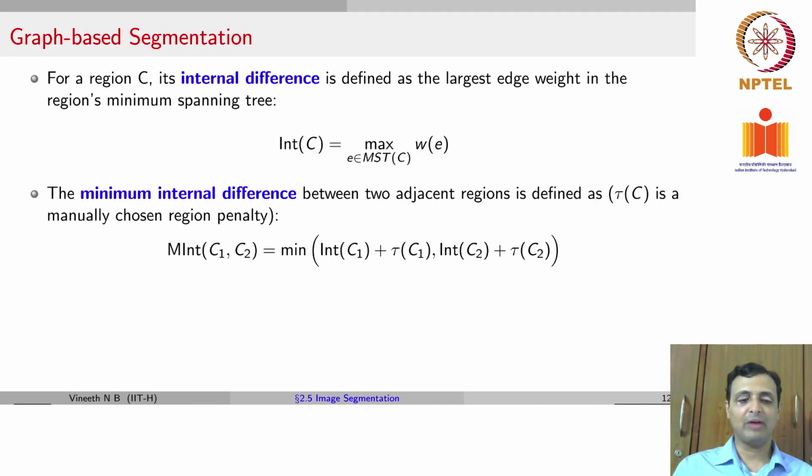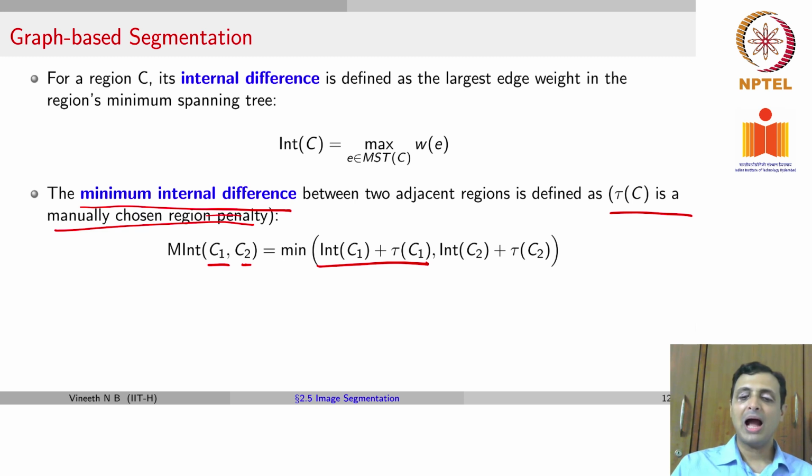Another quantity we're going to define is called minimum internal difference. If you have two regions C1 and C2, the minimum internal difference between these two regions is given by the minimum of the internal difference of C1 plus tau of C1, where tau of C1 is some manually chosen penalty, and the internal difference of C2 plus tau of C2.